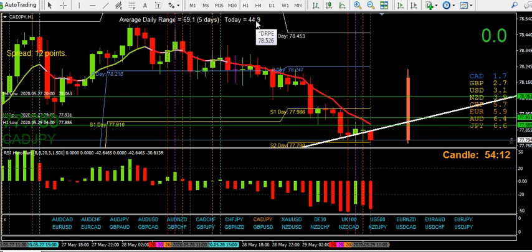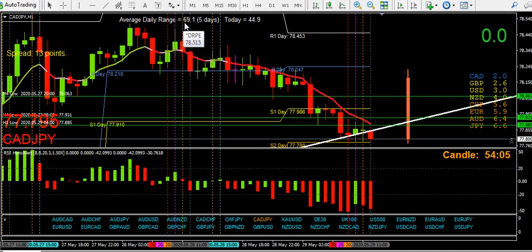I netted 7 pips out of this particular trade, but you know, with a 70 pip average daily range, and with the use of support and resistance as our sort of danger areas to put stops behind, even if you'd gone behind the hourly 8 EMA, which is a safe area to go for. I'll drag the trade onto the chart now.